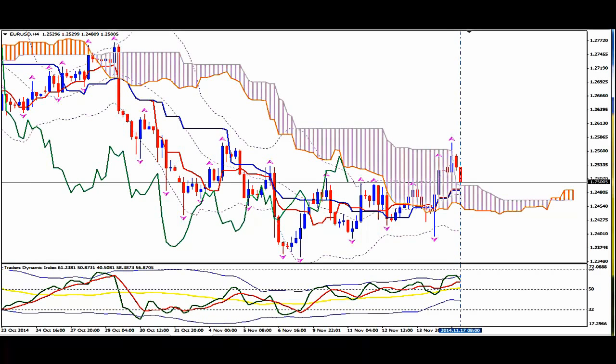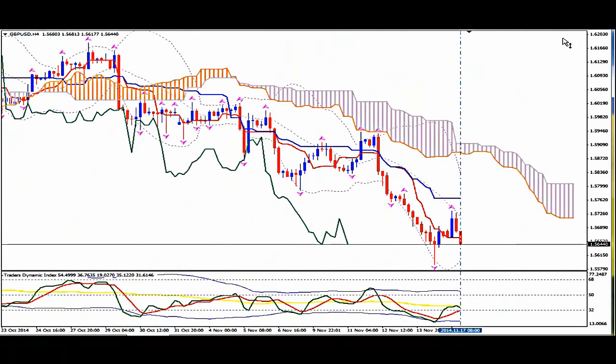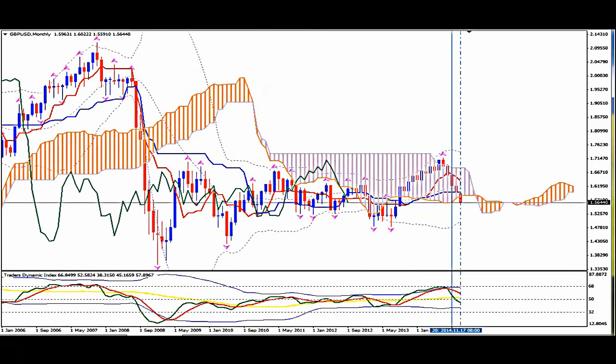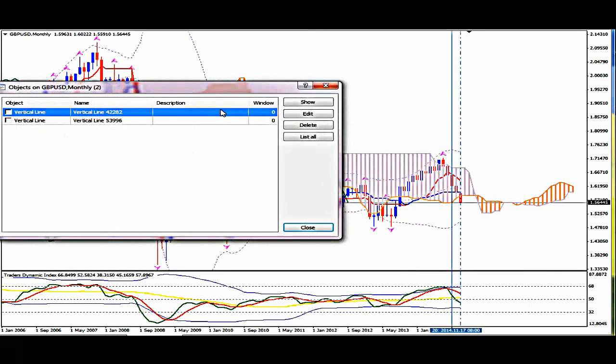Let's go to the GBP/USD. On the monthly, let me remove that old trend line from here.